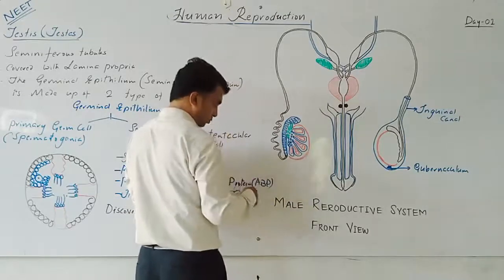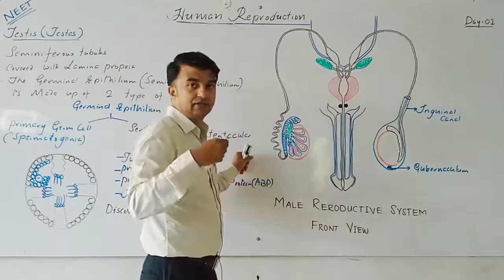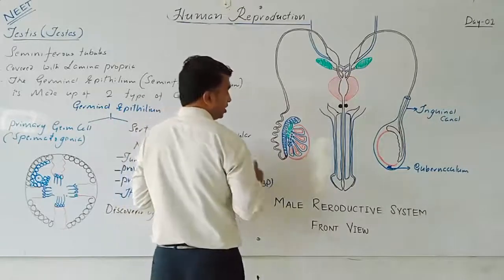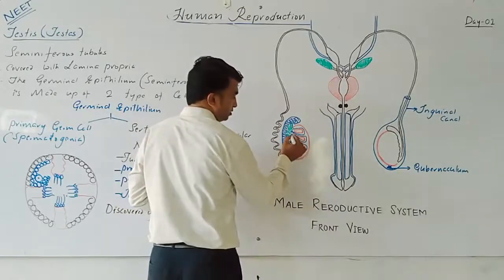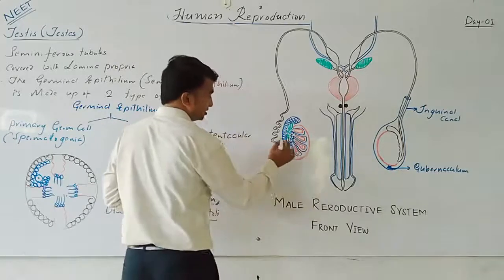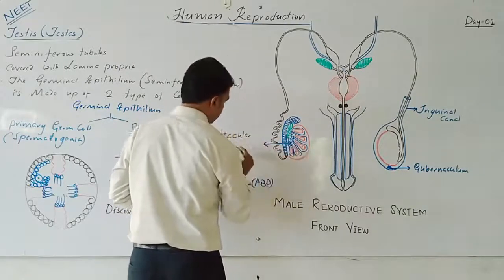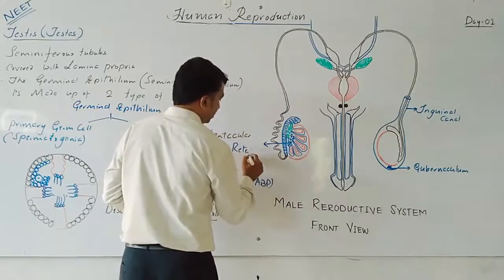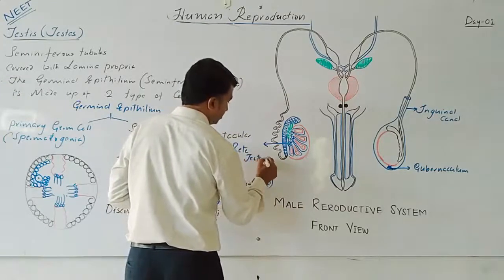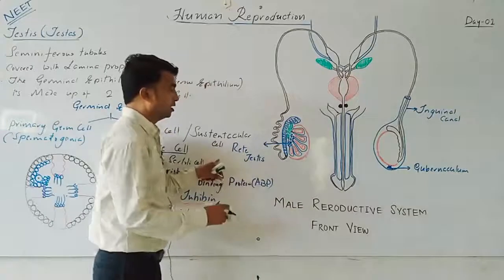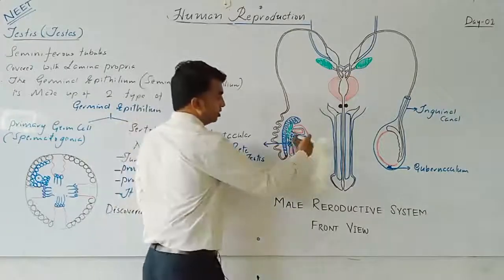This spermatozoa is released into the irregular network of structure that is called the rete testis. This blue color structure is the rete testis. Yes. So which is present on the outer side.